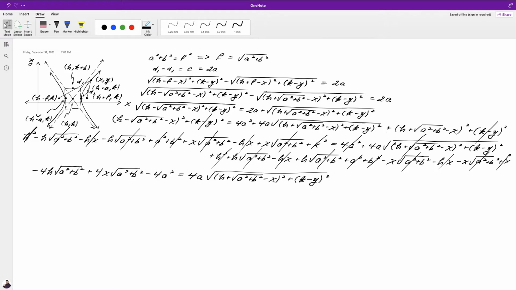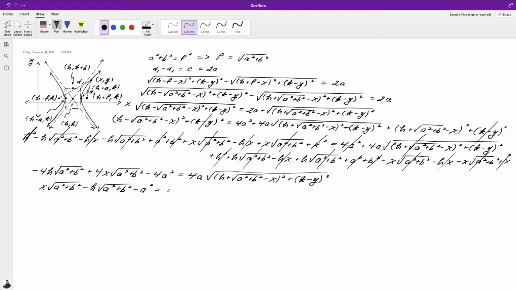Let's obviously go ahead and divide both sides by 4. Okay, and maybe use the commutative property to rewrite this a little. So dividing both sides by 4, we're going to have x times the square root of a squared plus b squared, minus h times the square root of a squared plus b squared, minus a squared.